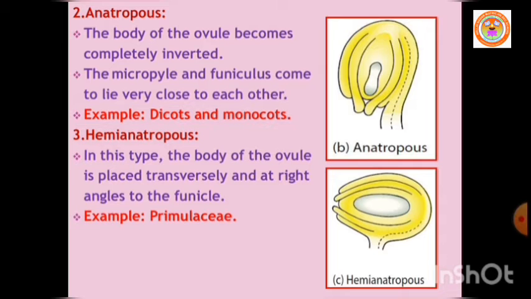You might remember, in orthotropous ovule, the ovule is mostly vertical in line, in which micropyle, chalaza, funicle lie on a straight line, but here it is transversely placed and at right angles to the funicle. So when you observe, the funicle is at right angle to the ovule, which is transversely placed. Example, Primulaceae.